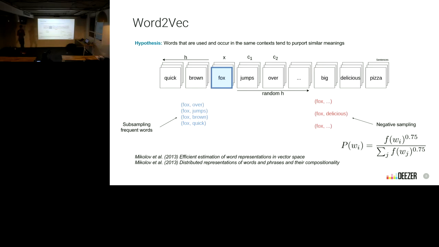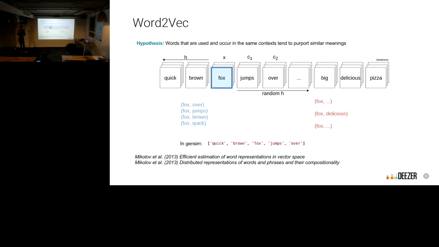Also, you can use a random window size, so you can randomly reduce the size of the window, and it was also shown to improve the embedding space and accelerate training. And the third trick is, instead of using all the possible negative training pairs, and there are a lot of them, you can sample a few negative training pairs by using a distribution. And we are going to talk about the choice of the distribution a bit later.